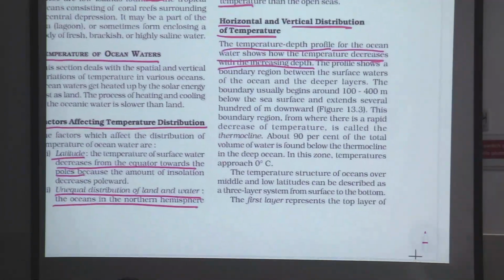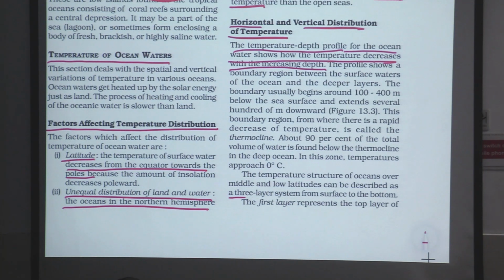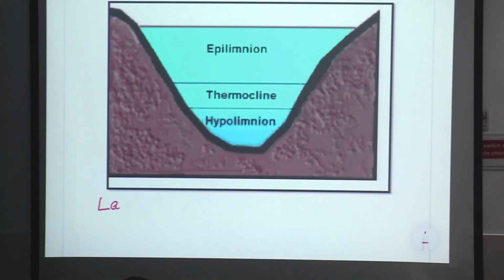This decrease in temperature has to be learned with a 3-layer system. To make sense of this 3-layer system, let us take support of this diagram. This is for a lake. Epilimnion, surface.